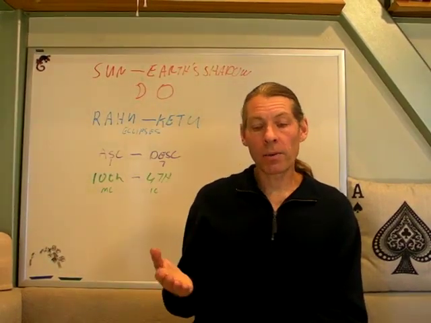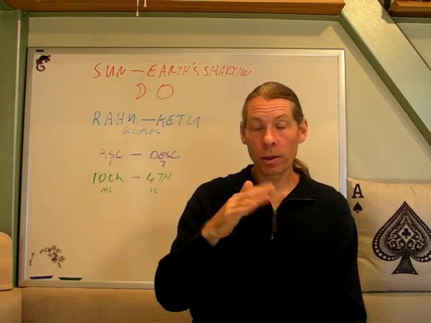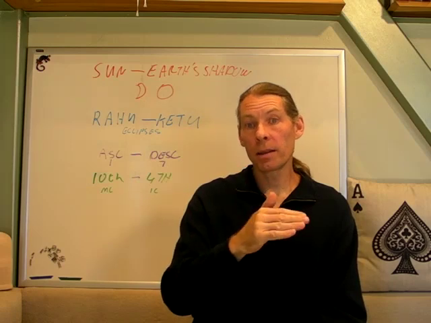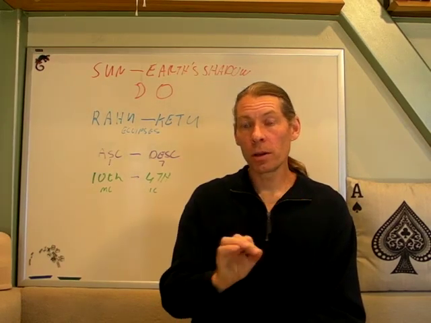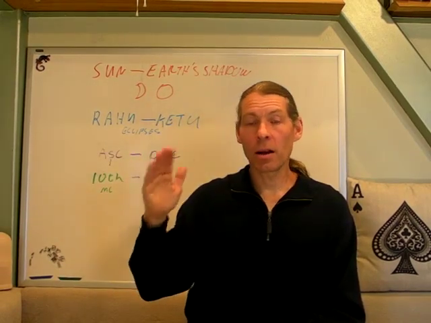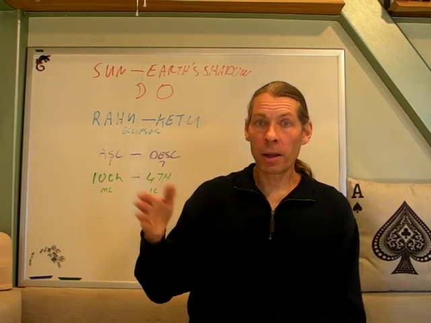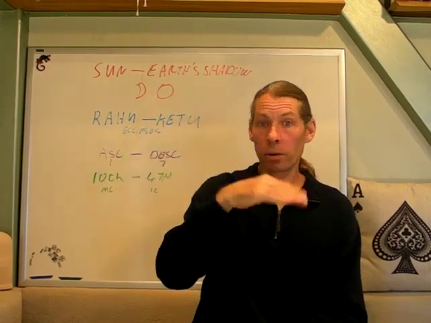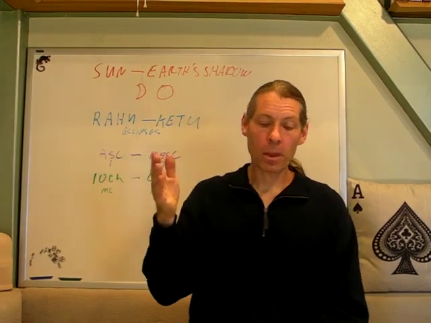Okay? And in Vedic astrology, we divide that cycle of new moon to full moon into 15 what we call tithis, which are lunar days. And the cycle from full moon to new moon, we cut into 15 more pieces called tithis as well. So we have 30 tithis a month, 15 from new moon to full moon, and 15 from full moon to new moon, okay?